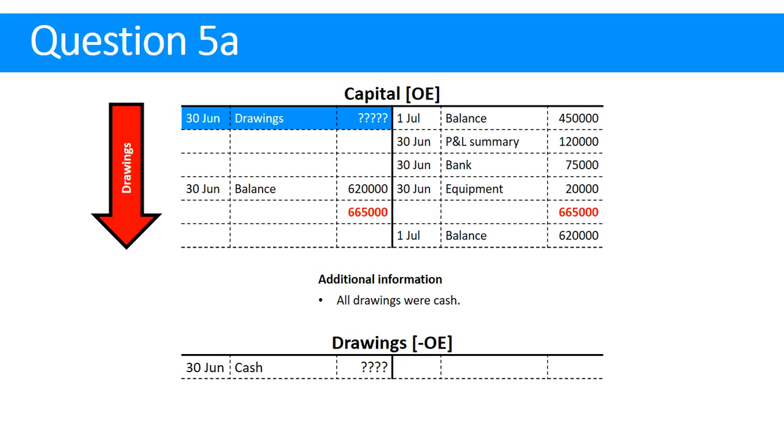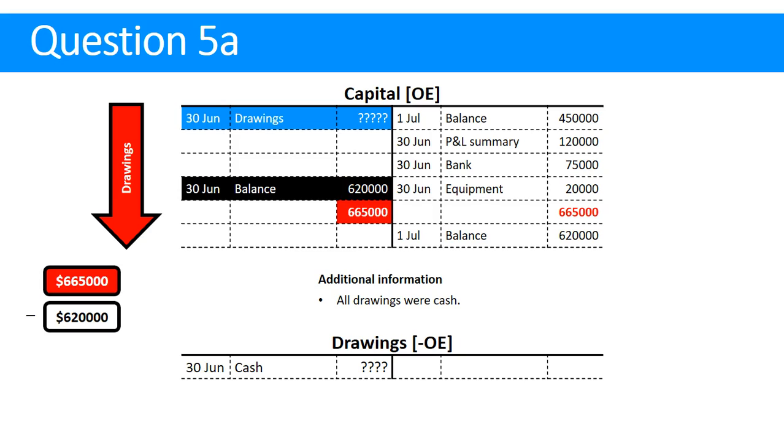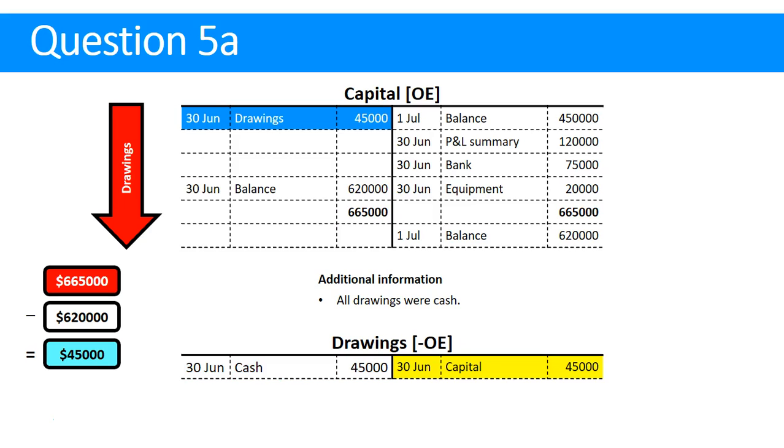So if we take 665,000 less the balance going forward into the next period of 620, that must equal our drawings figure, which is $45,000. Now we can close drawings to capital. We do a credit to drawings, and then send it as a debit here to capital, and the reference would be drawings for $45,000.